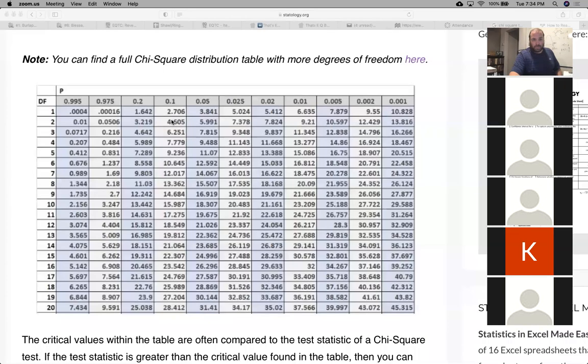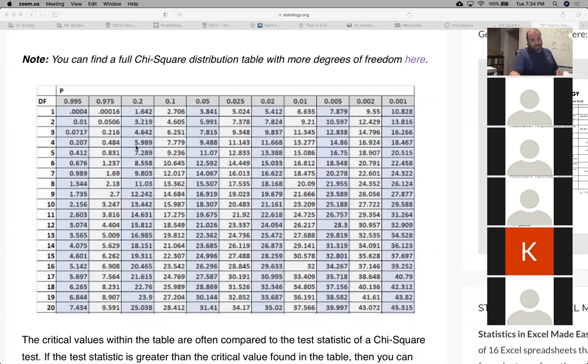Then I go to my chi-squared table, and I go to 6 degrees of freedom, and I look for my 7.6. I see that 7.6 is between these two values, so the p-value is greater than 0.2.